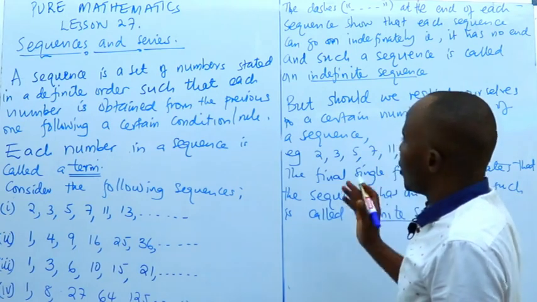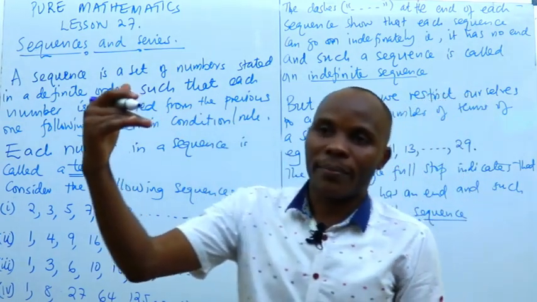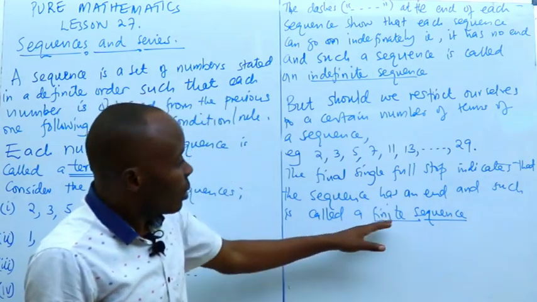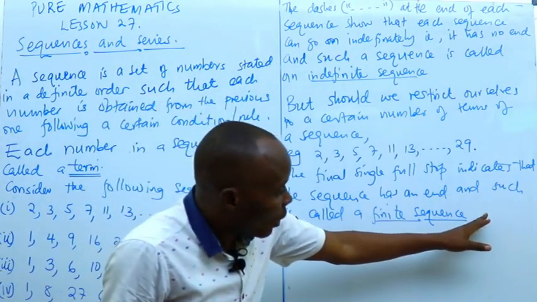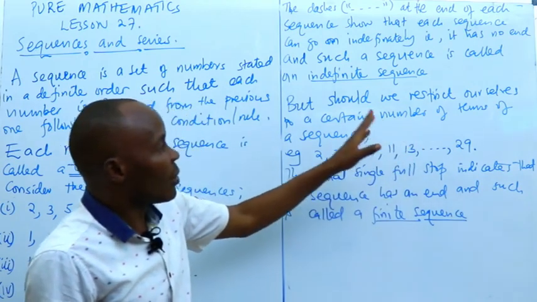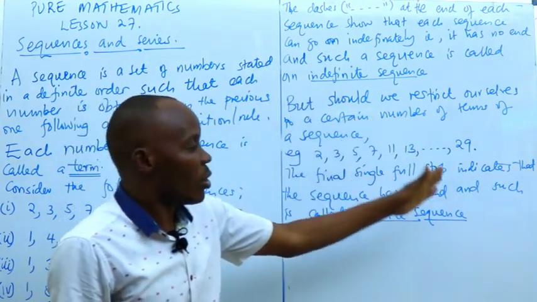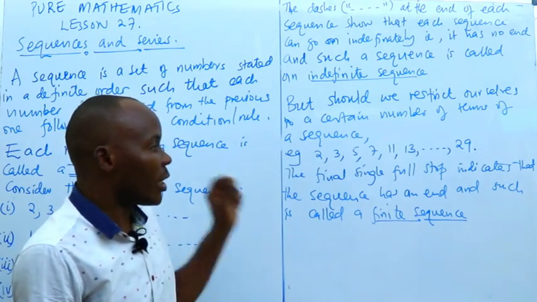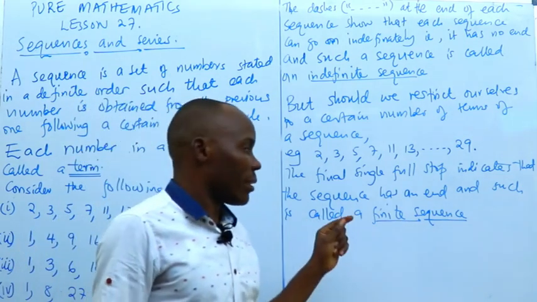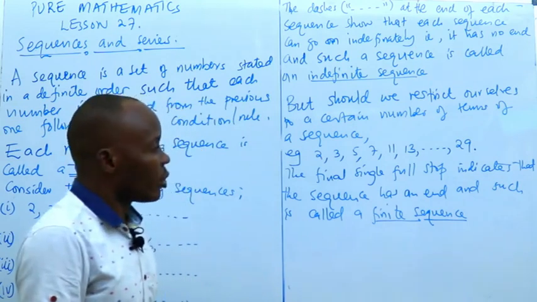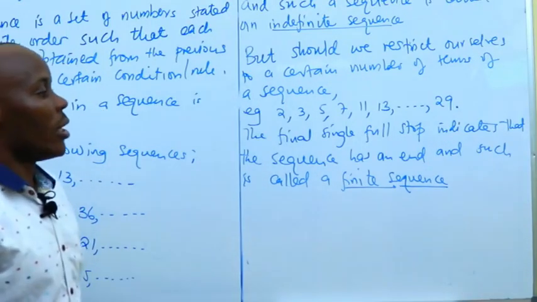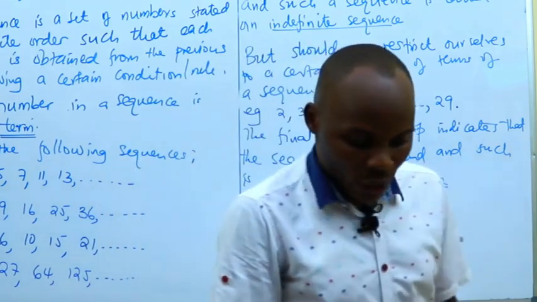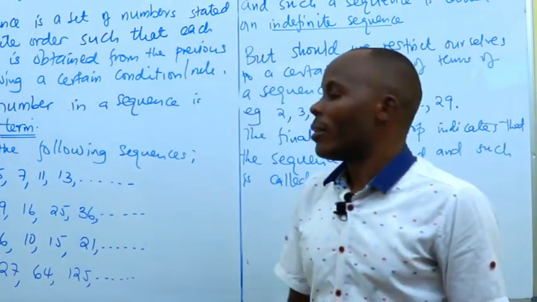Then if we restrict ourselves to a certain number, we end up with a certain term where that sequence is ending. And I've said, in that case, such a sequence is called a finite sequence.